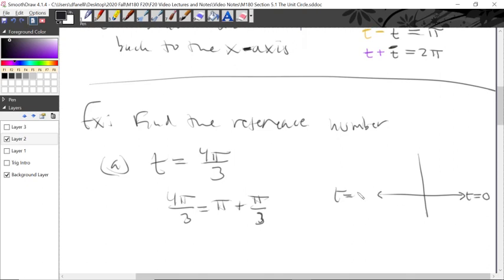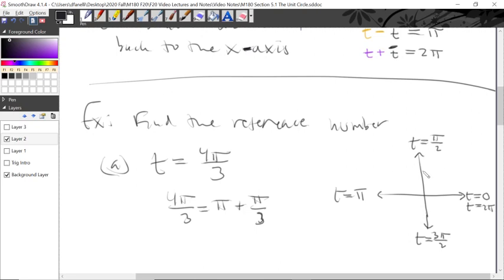If we're traveling in the positive direction, t is equal to pi by the time we get to the negative x-axis. If we were pointing north in the positive y-axis, then t would equal half of pi, or pi over 2. And if we were pointing towards the negative y-axis through an initial rotation, then t is equal to 3 pi over 2. By the time we get back to the positive x-axis again, then t is going to equal 2 pi, and then we're going to repeat the process.